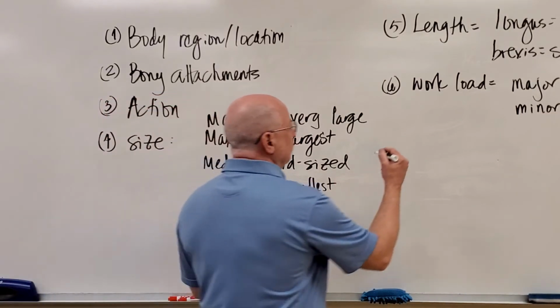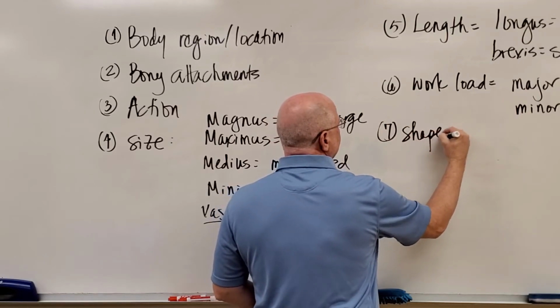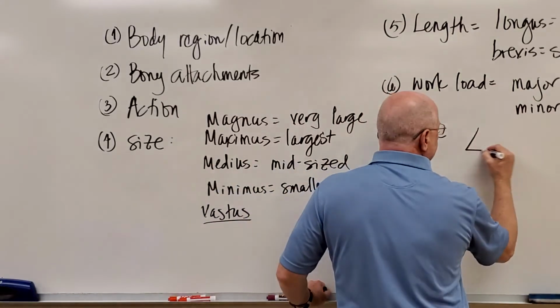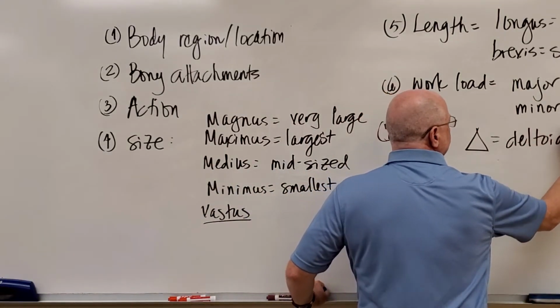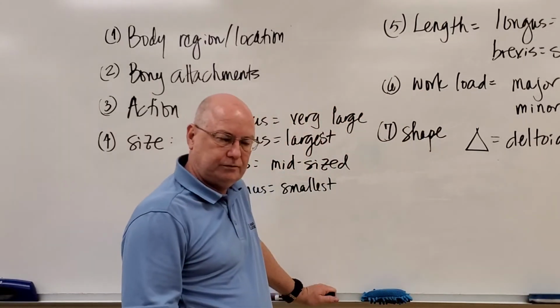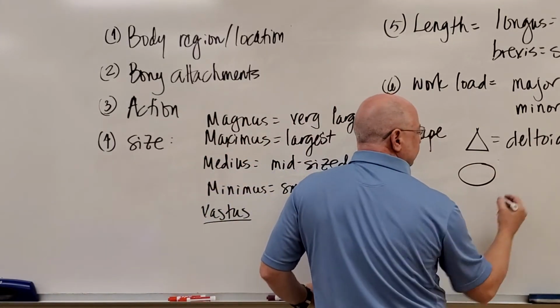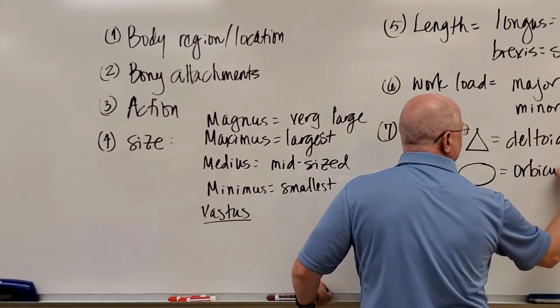Now, another way that muscles are named is for the muscle shape. So this is the Greek letter delta. So if we have a muscle that's shaped like that, it's called a deltoid muscle. If we have a ring-shaped muscle, then that can be called an orbicularis muscle.